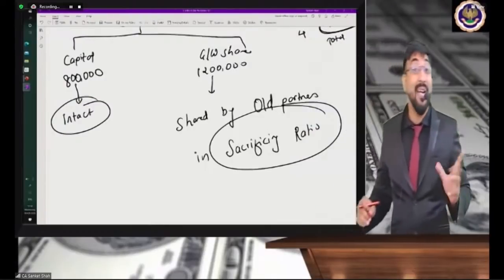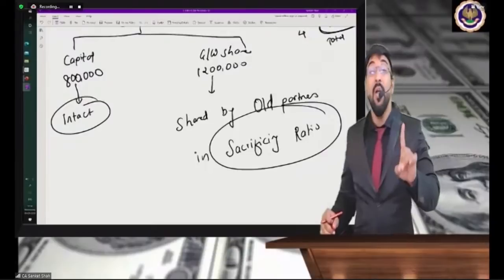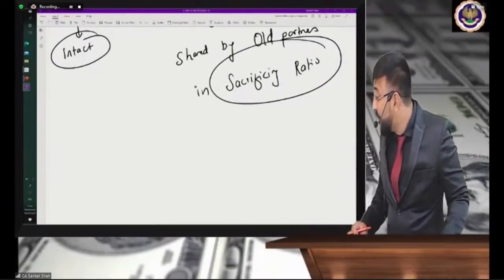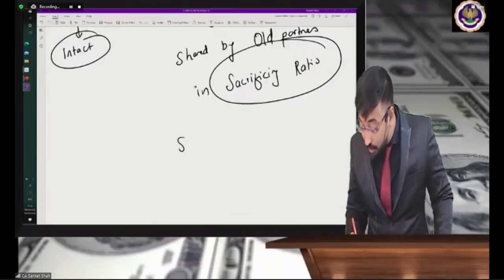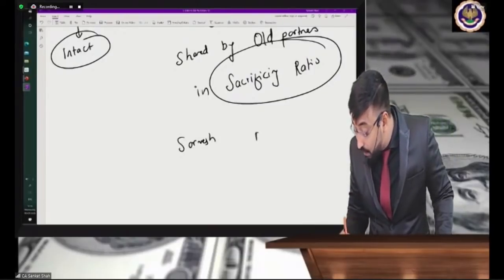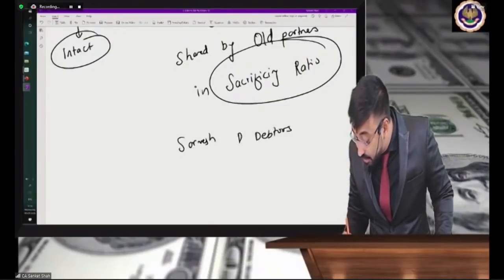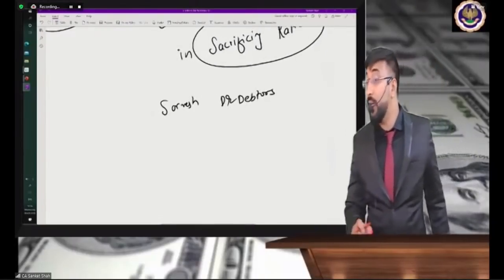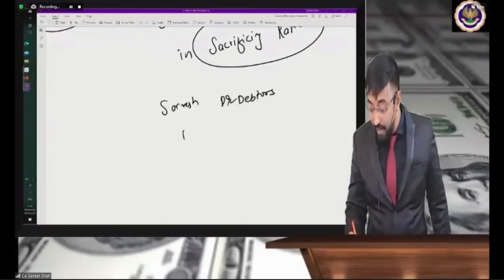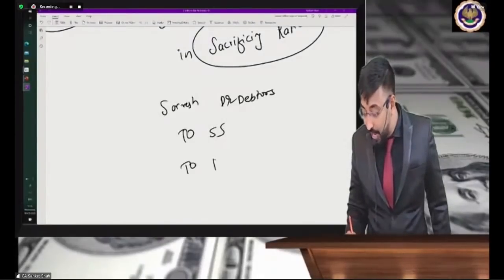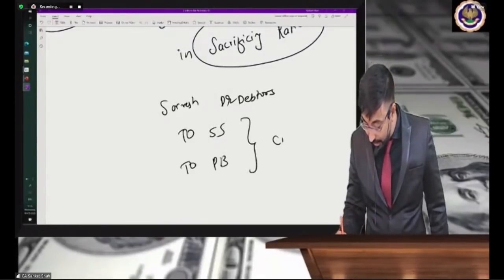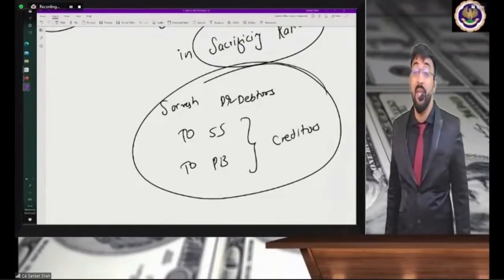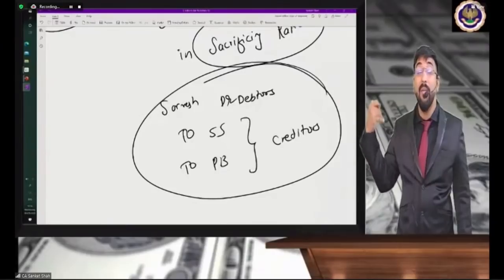Now what is the entry? I always told you, for an entry you have to understand who will bring this amount. Sarvesh. So Sarvesh is a debtor for the business, so Sarvesh's account is debited. And who is going to take this goodwill amount? Sanket sir and Pushkaraj Bedekar, so they are creditors of the firm. So the entry is very easy. New partner account debit for the full amount.